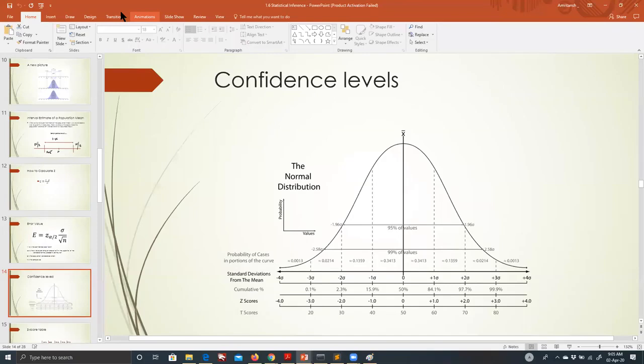Now there are some interesting axes. The standard deviation should not give you any trouble, I guess. Standard deviation from the mean is clear.